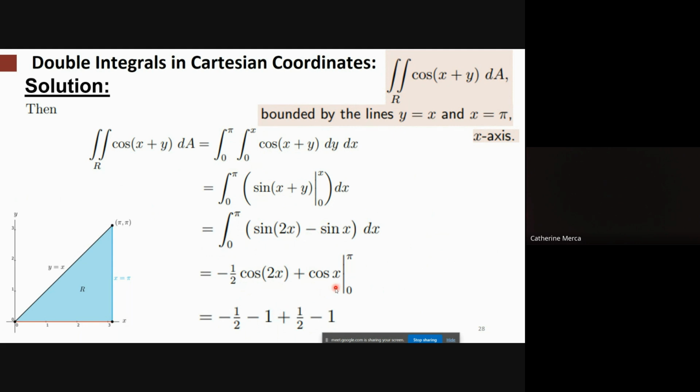Then cosine of pi is minus 1. But this is a plus, minus cosine of 2 pi again, so you have 1 half times cosine of 2 pi, which is 1.